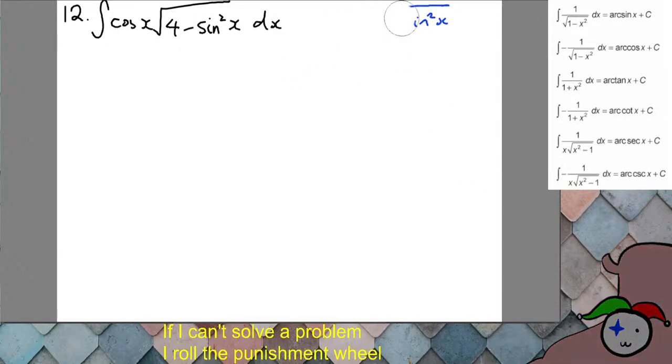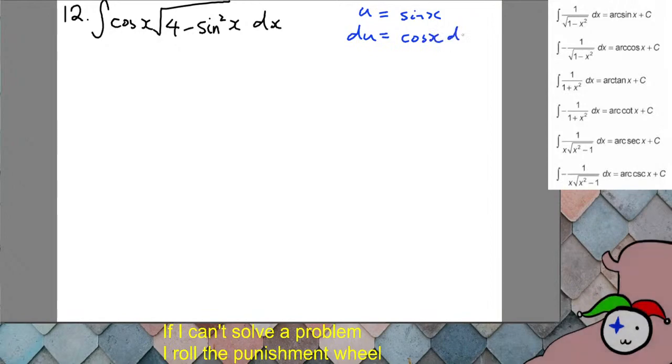So what would work is the question. If we just let u equal sine x, du would be cos x dx. Would that simplify? I think it would.